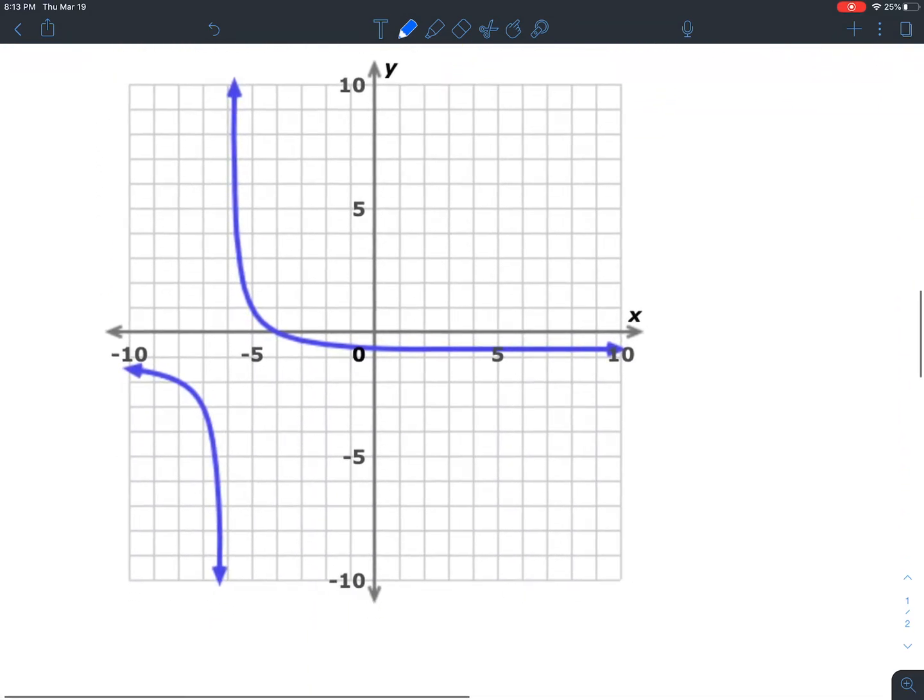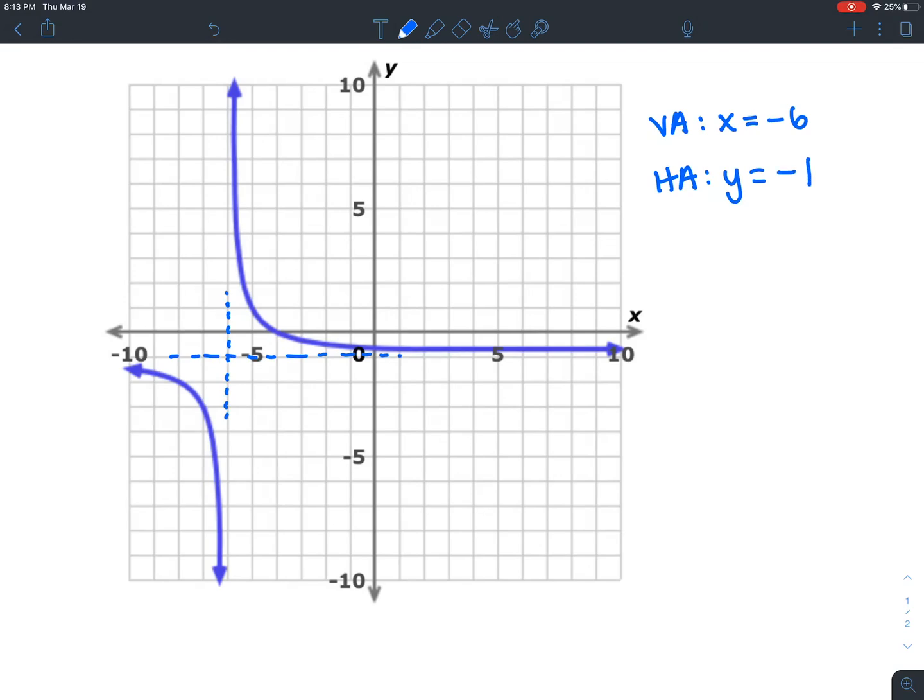Here, I have a vertical asymptote at x equals -6 and a horizontal asymptote at y equals -1. So what do you think the equation for that would look like?